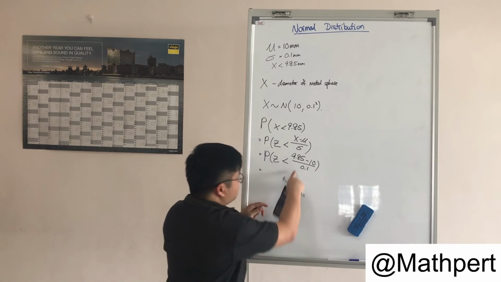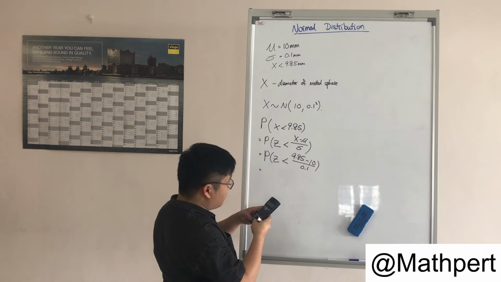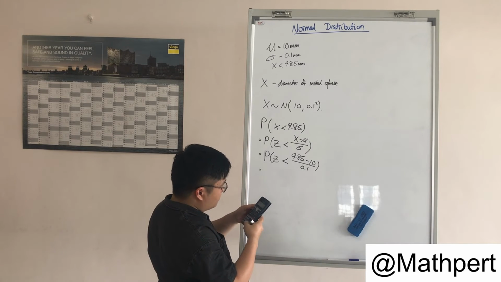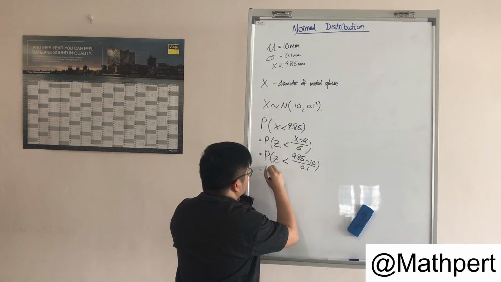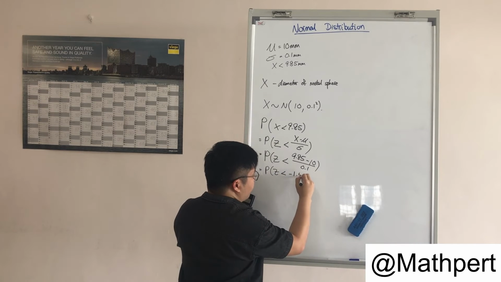So how much is here? 9.85 minus 10 divided by 0.1, that is less than negative 1.5.